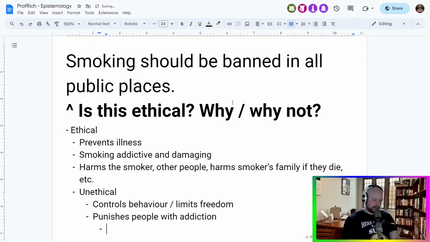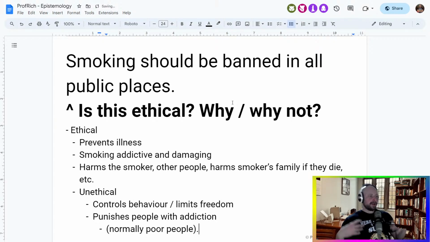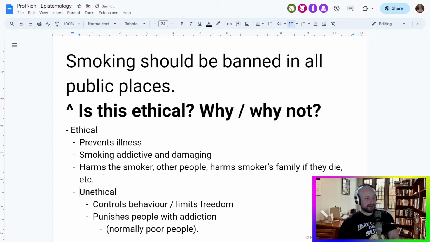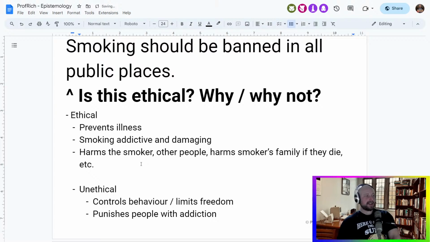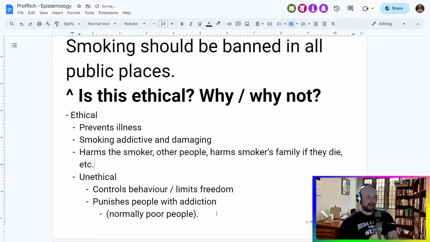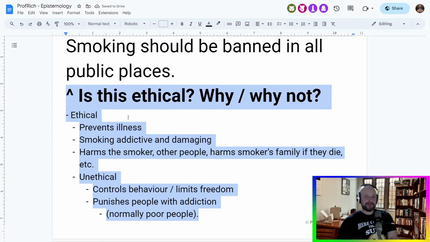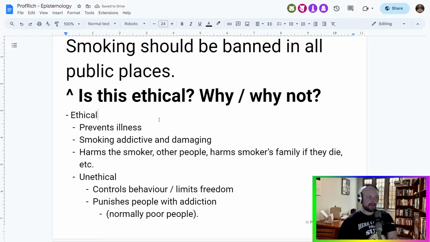People with addiction, normally poor people, etc. So we consider, why might it be ethical? Why might it be unethical? What do we think about that situation? And then you record yourself talking about those notes for 2 minutes and then send it to me on the Discord server. So that's one possibility.